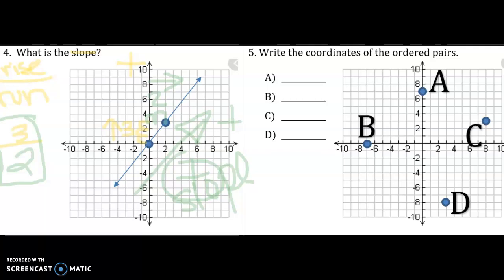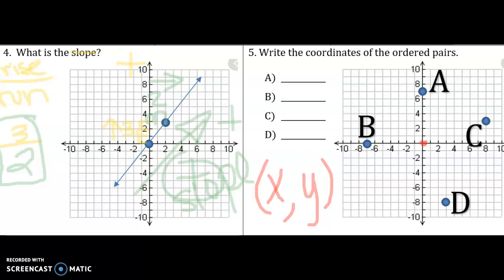So let's start off with A. So to get to A, remember, ordered pairs are written as x comma y. So we always start at the origin, right? So to get to A, look at your X first.